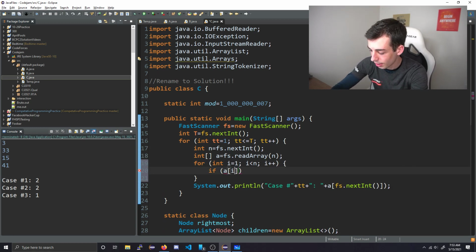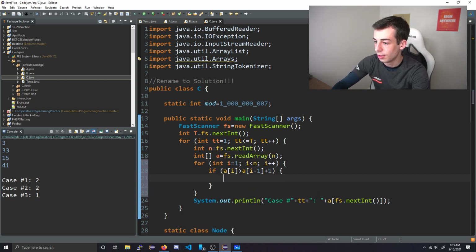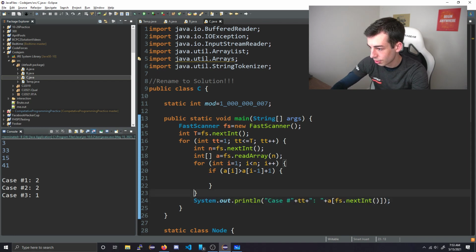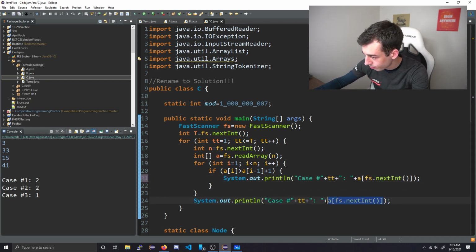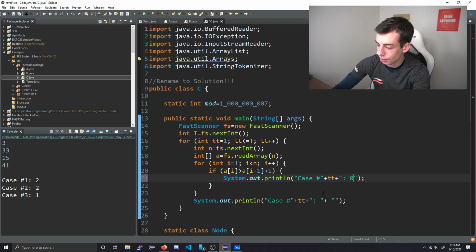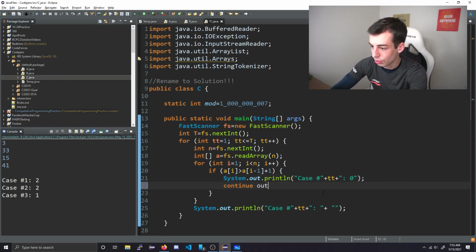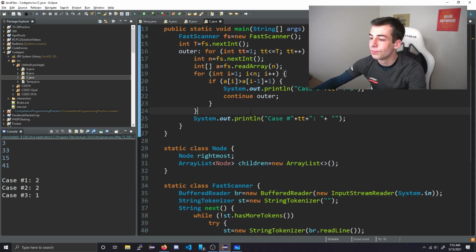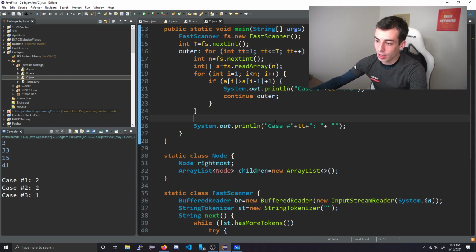If a at i is greater than a at i minus 1 plus 1, then boolean, well, I guess do this. If this is 0, then continue. Otherwise we have this answer.